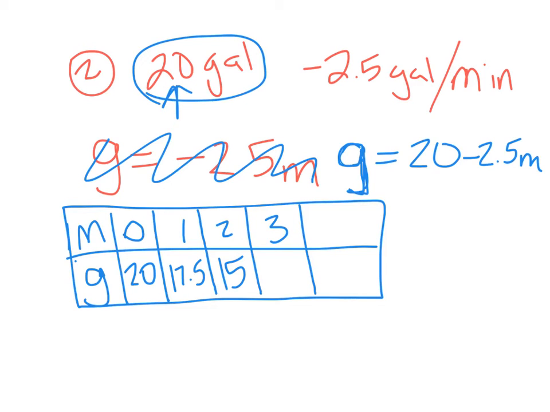After 3 minutes, you're losing another 2.5 gallons. So you put 2.5 times 3 and subtract that from 20, and I get 12.5.